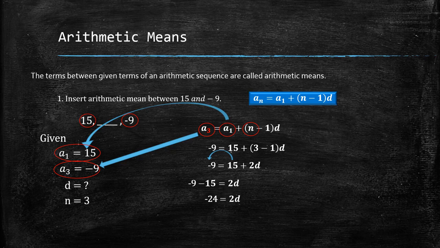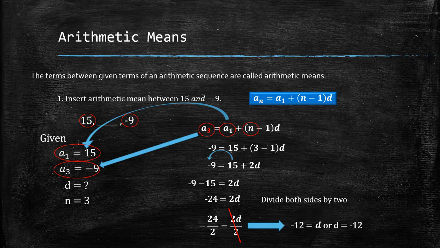To remove the 2 from d, we divide both sides by 2. Negative 24 divided by 2, and 2d divided by 2. 2 divided by 2 is 1, so only d remains. And negative 24 divided by 2 is equal to negative 12. So d is equal to negative 12.